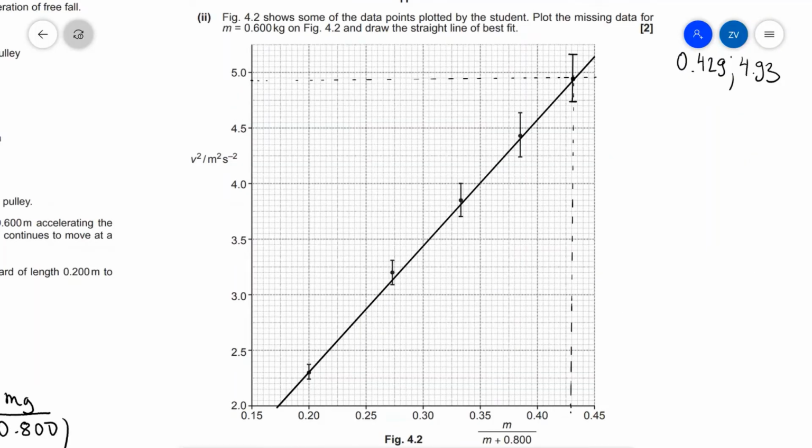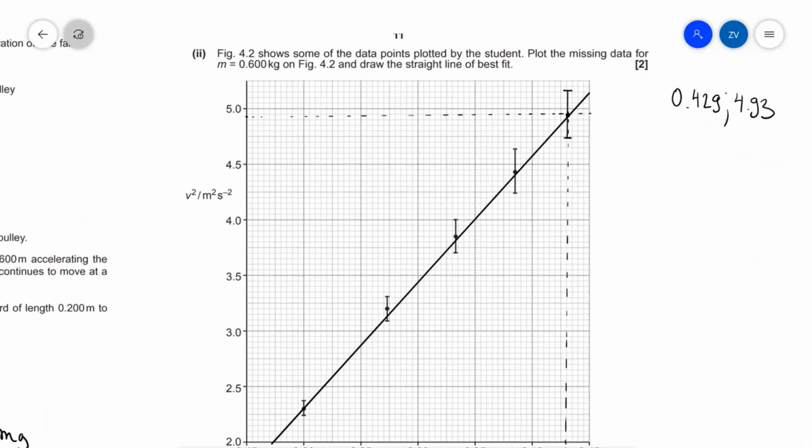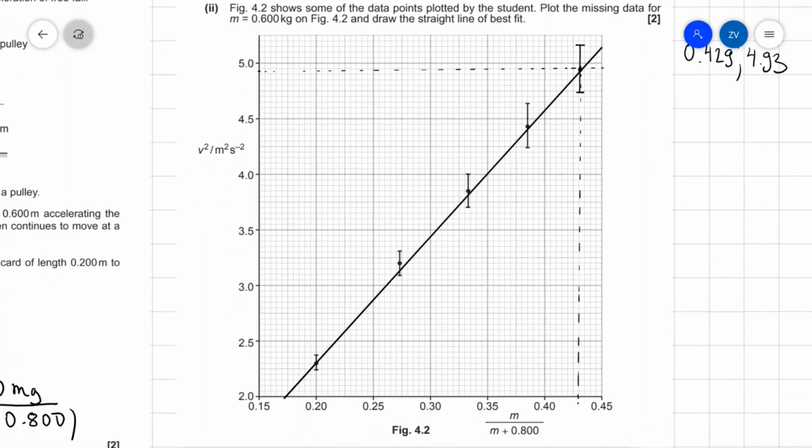And for the next one, we needed to do a little bit of plotting. So we have a graph of v squared against m over m plus 0.800. Now this value is actually given on the previous page, and the coordinate that we need is 0.429, and 4.93 is the value of v squared, which we just calculated from before.